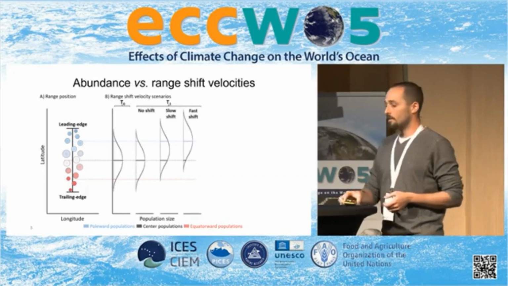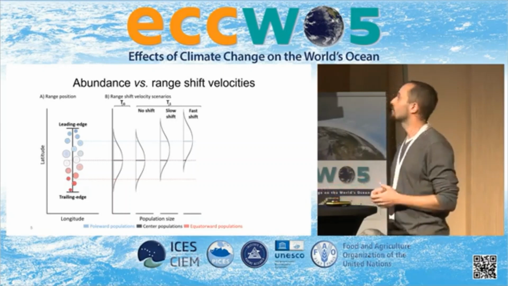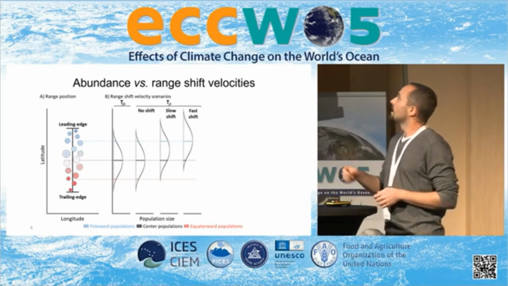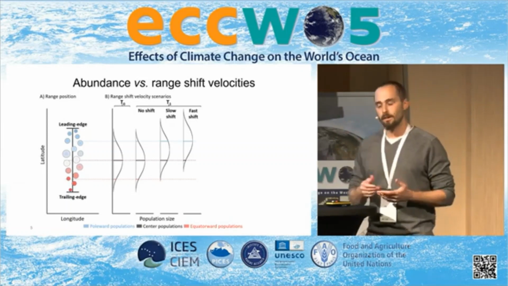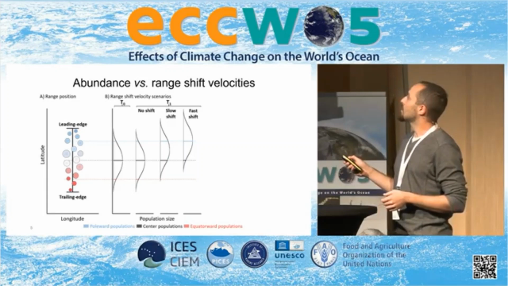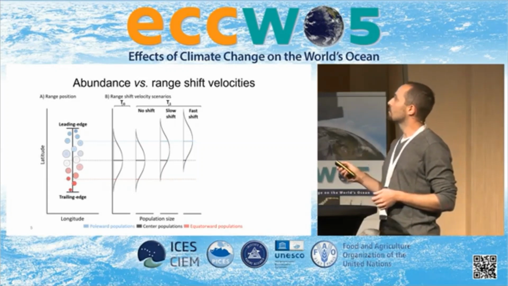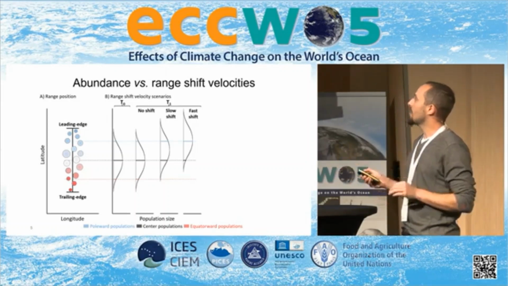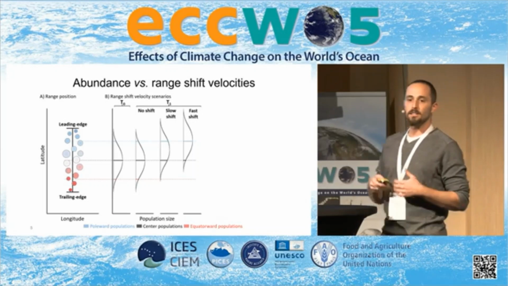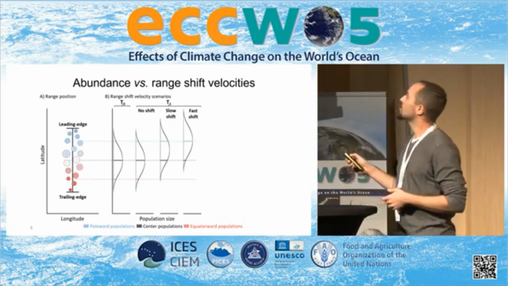The first is that there is no range shift for the species, and the abundance will remain quite the same. The second scenario is a slow shift, meaning that the forward populations might increase in abundance with respect to T0. Center populations should slightly decline, and equatorial populations might drastically decline. This effect gets only stronger if we're talking about a fast shifter.